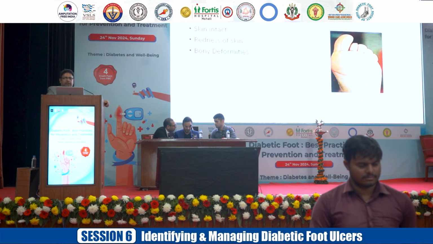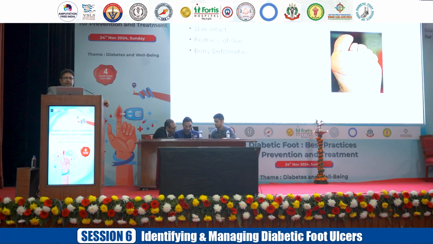The different grades are like this: redness of skin, no ulcer. Preventive measures can be taken at this point. That is why we focus on regular foot examination by the patient at home, and foot examination at every visit to the physician.